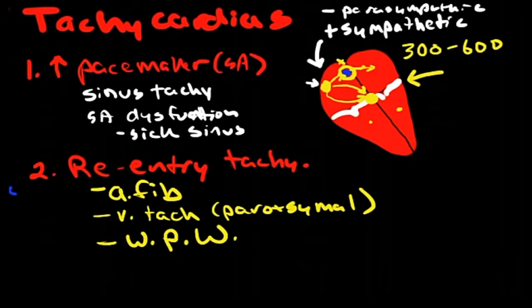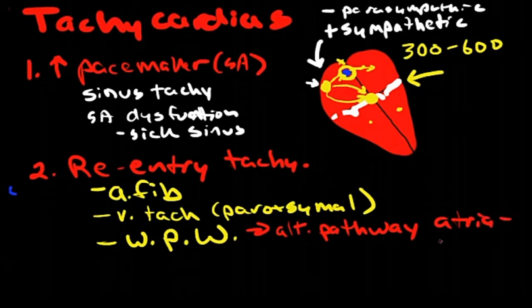But what happens with people with Wolff-Parkinson-White Syndrome is there is a deformity in the annular ring of the valve, or a deformity of the muscle that grows over the valve, and you end up with an alternate pathway. So Wolff-Parkinson-White is due to an alternate pathway between the atria and ventricles.